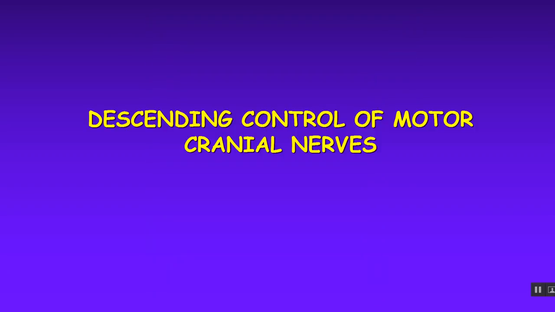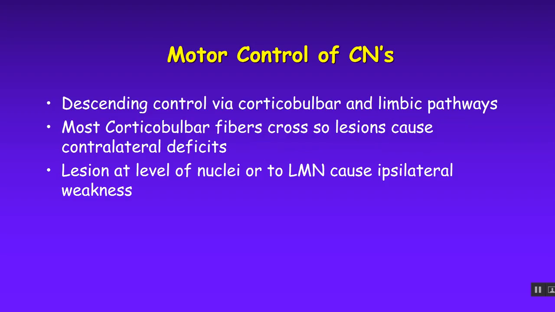Descending control of motor cranial nerves. Cranial nerves that have innervation from corticobulbar tracts have some voluntary control, and that's what we're talking about here: the descending control from our cerebral cortex for voluntary control of these. This is via a couple of pathways.